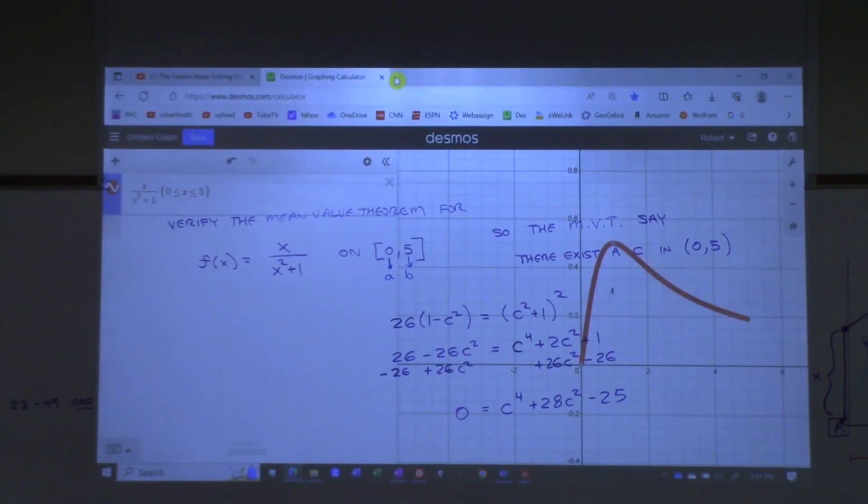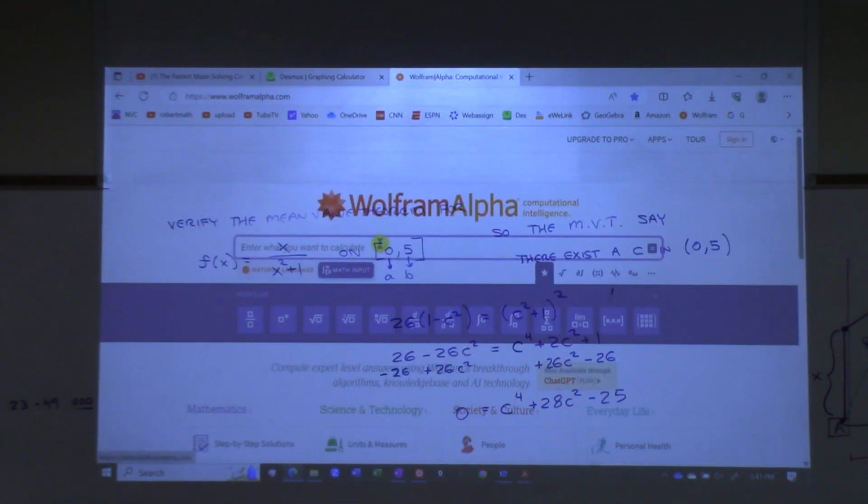Part of why I want to solve this is because I want you to see the computer gives us an answer, right? Later on, not in this class, I want to talk about how the computer solved this.